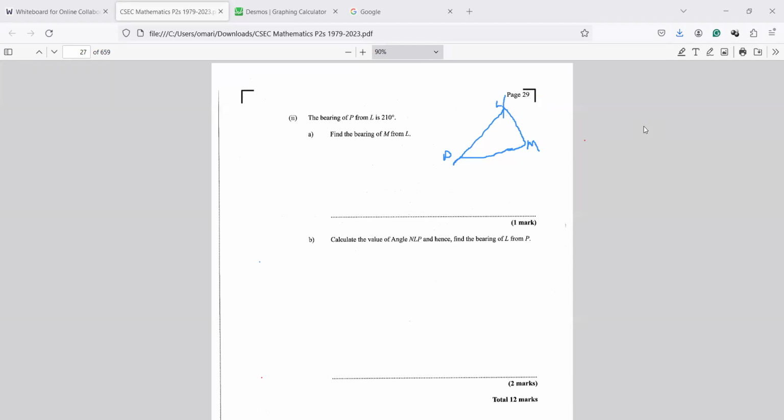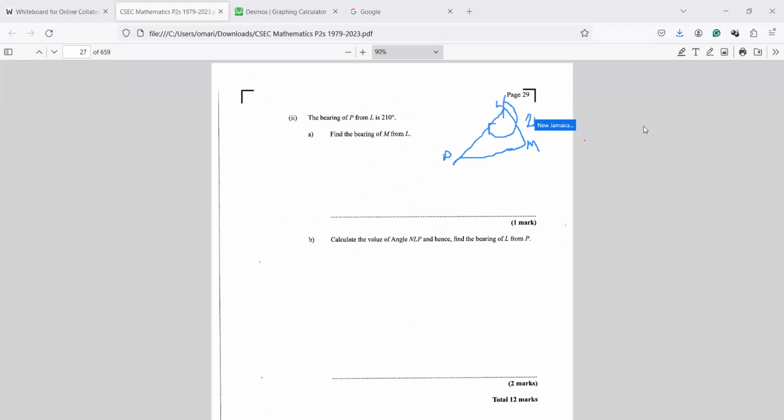So they told us it's from L, which is up here. So they are giving us all of that section, which we're being told is 210.